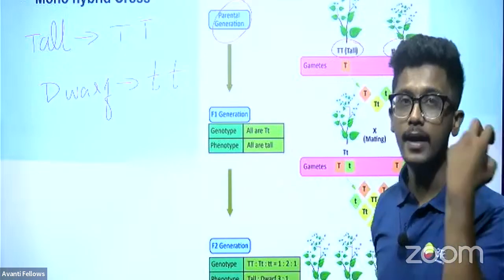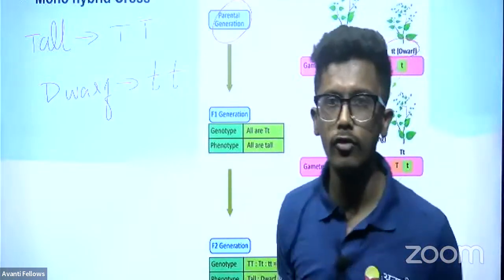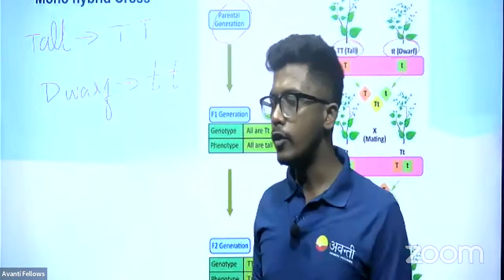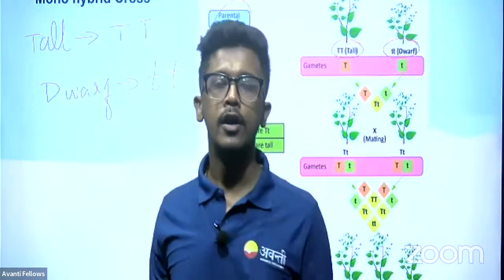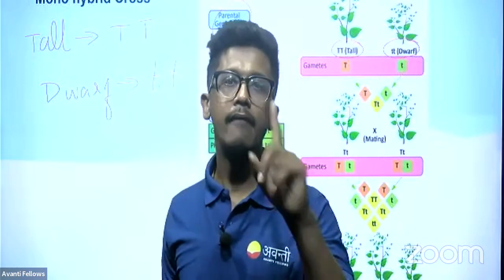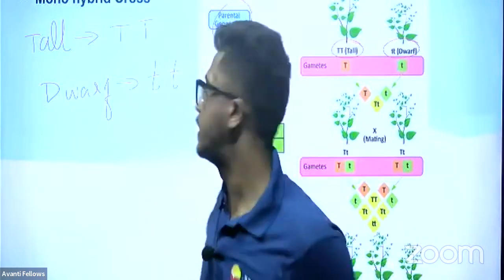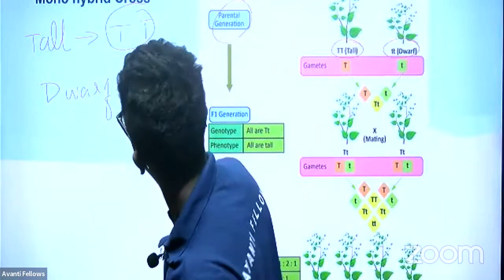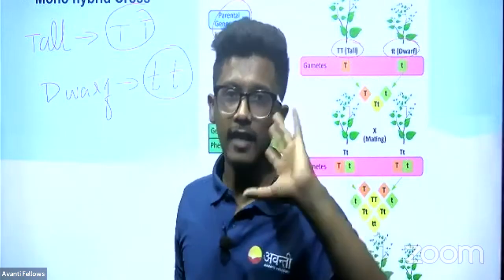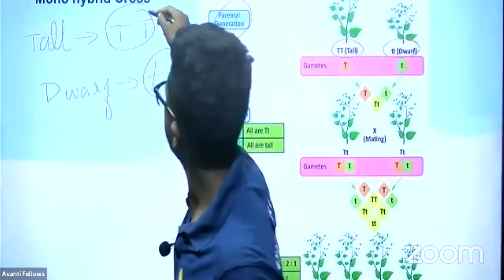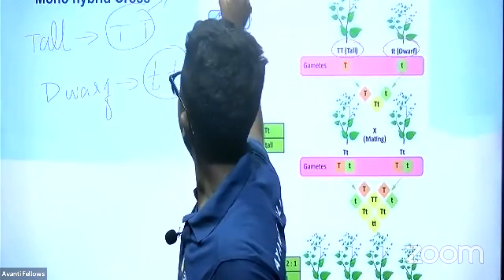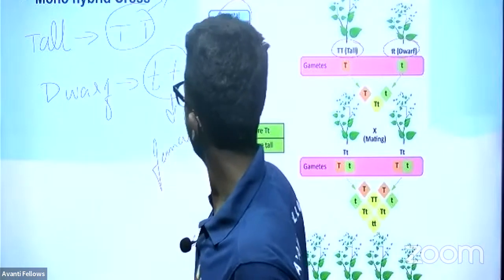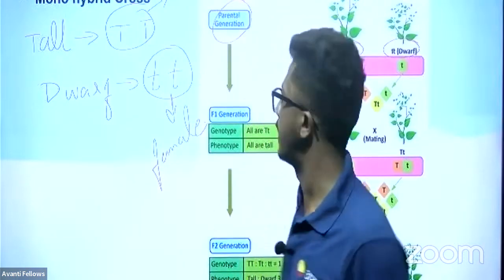You can observe that both the parents have the same type of alleles, either capital T in one parent or small t in the other. Let us assume that the capital T plant is the male plant and the small t plant is the female plant.